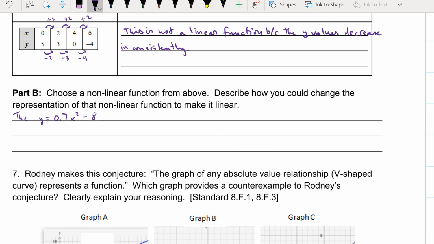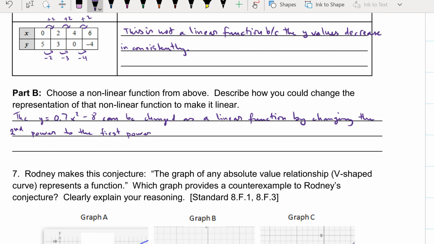How can I say this? It can be changed into a linear function by changing the second power to the first power.